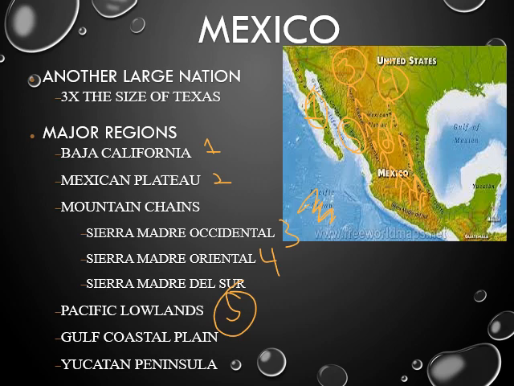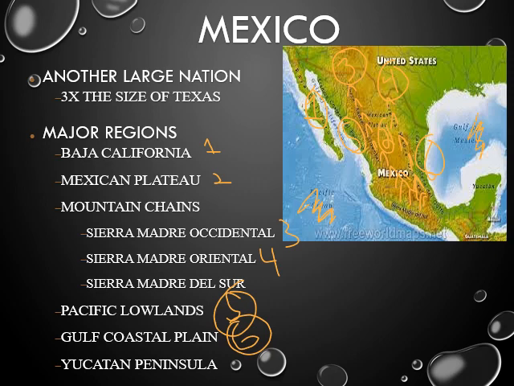It runs up and down that coast. The next lowland that is in there, for number 6, is the Gulf Coastal Plain. The Gulf Coastal Plain is the same thing, that thin green area, but it's on the other side, over by the Gulf of Mexico. So that is number 6.